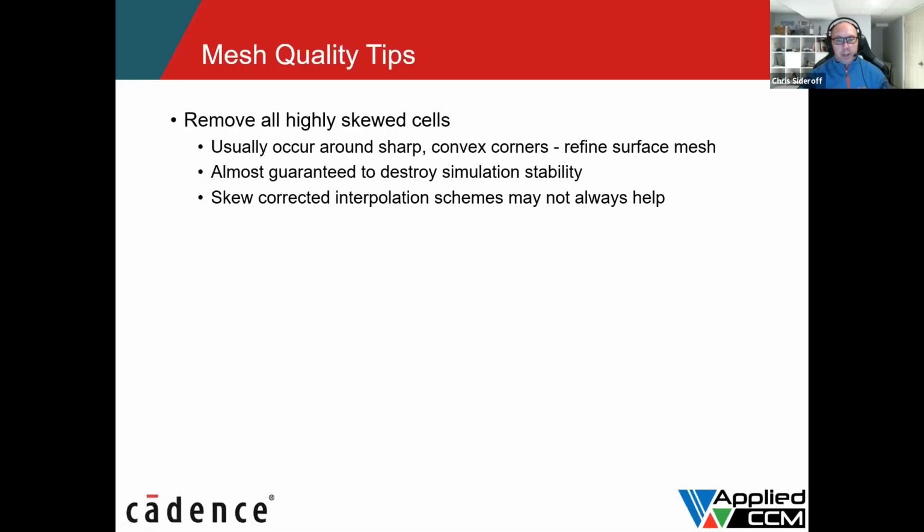In any situation where I find these highly skewed cells, and I think the value is 4, in my experience it's almost guaranteed to destroy the simulation slowly. So you really want to keep the skewness below that value. Now I know there are some skew correction approaches for the interpolation that may improve solution accuracy, but my experience has been that you just really need to remove them.